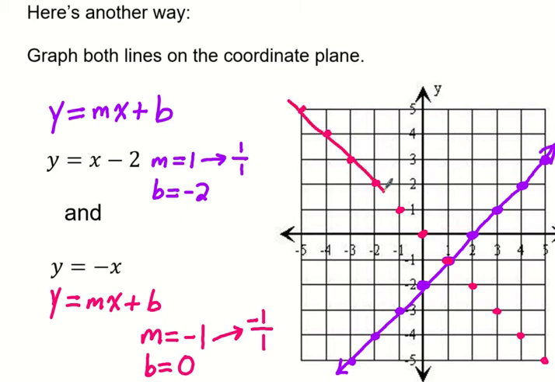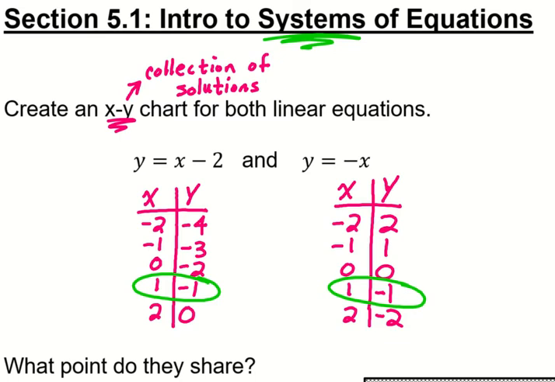And so as you can see, hopefully right away, when you graph these two lines, it's really, really easy to see what point they both have, right? Remember this question a moment ago?